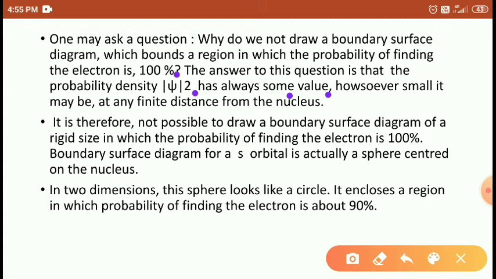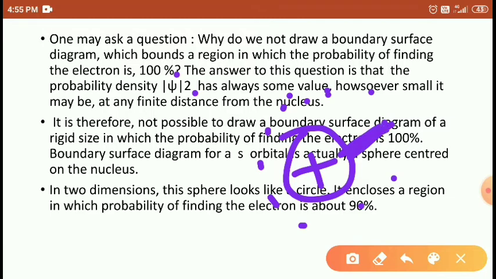It is a mathematical function, and it has some value, however small it may be, at any finite distance from the nucleus. So at a finite distance from the nucleus electrons exist, students. Therefore it is not possible to draw a boundary surface diagram of rigid size where the probability of finding the electron is 100%.